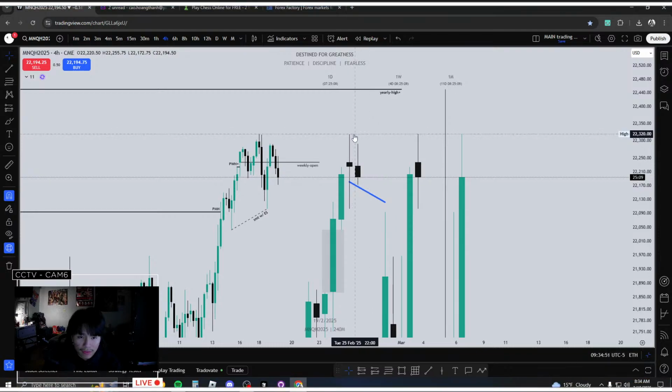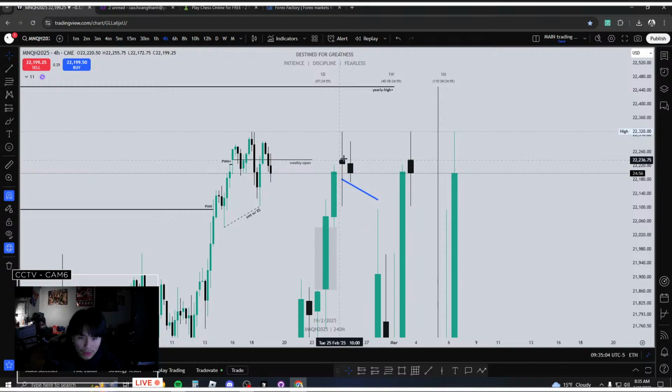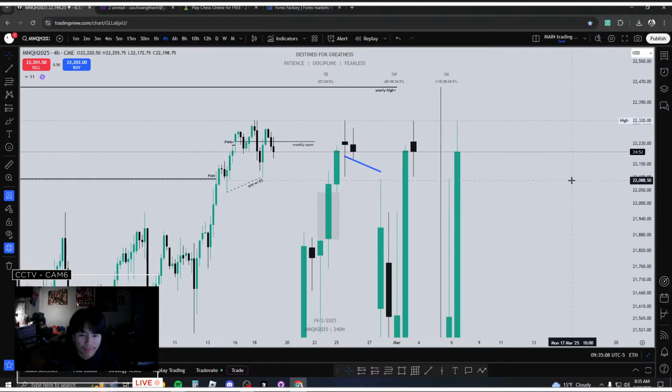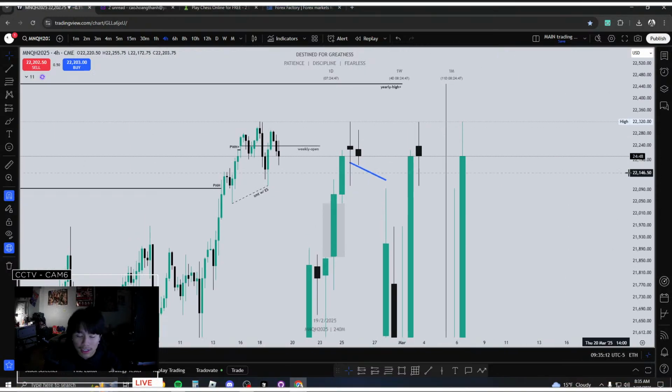I can't give a clear narrative for previous day high to be taken, nor a reason why I want to see previous day taken. The way that we closed on the daily candle is very cloudy. It's like a doji candle. You can't really tell what the next daily candle wants to do.